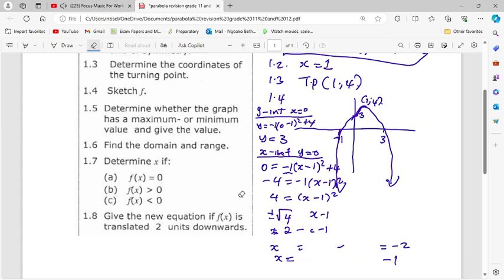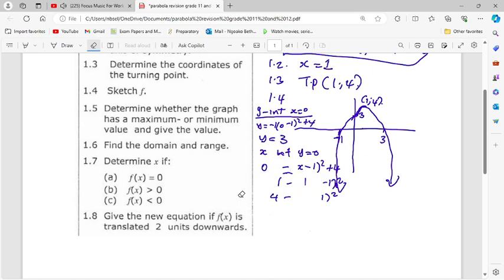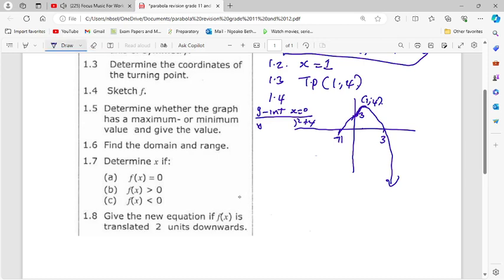Let's erase to answer 1.5. Looking at 1.5, they said determine whether the graph has a maximum or minimum value and give the value.